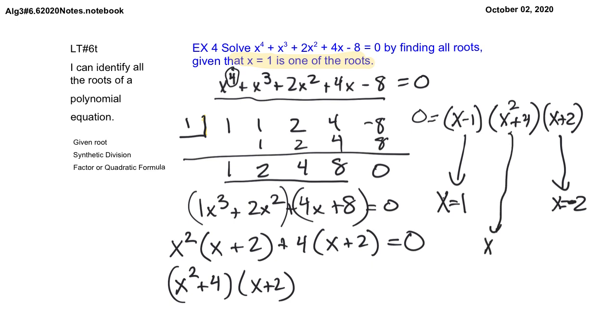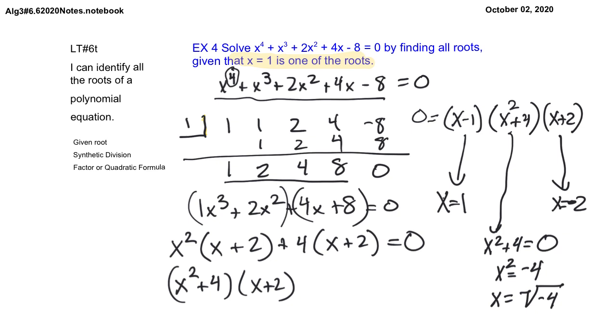The x squared plus 4 is interesting because when I set it equal to 0, I'm going to have to subtract 4. And now when I go to take the square root, because I have x squared, I'm getting a square root of a negative number.